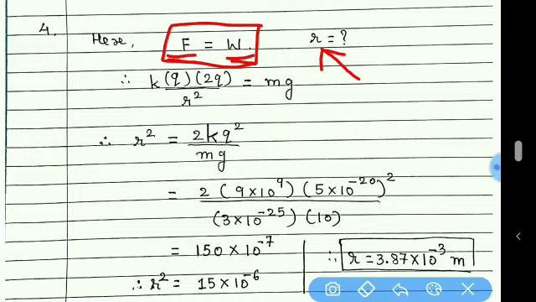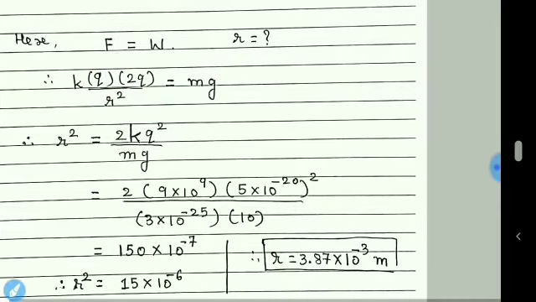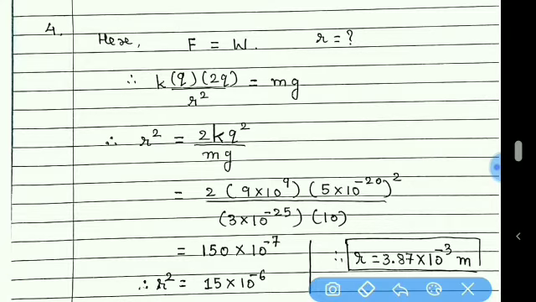We know that the Coulomb force is given by this formula. F is equal to k, product of the two charges, upon the square of the distance between them, which is equal to weight. Weight means mg. After writing this formula, we will make r square the subject, because r is to be obtained.